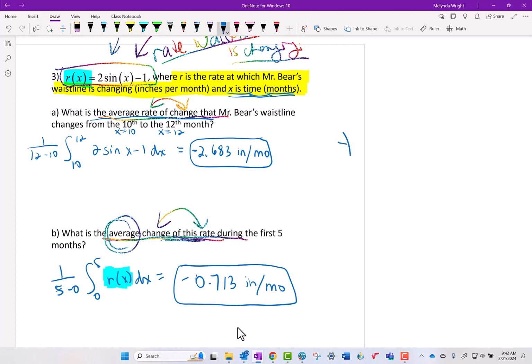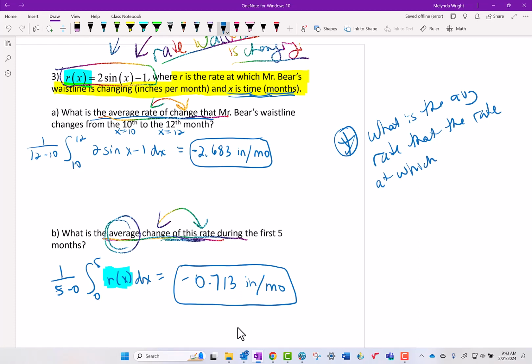Yes? Okay, so let's put it down. It would say, what is the average rate at which Mr. Bear's waistline is changing?